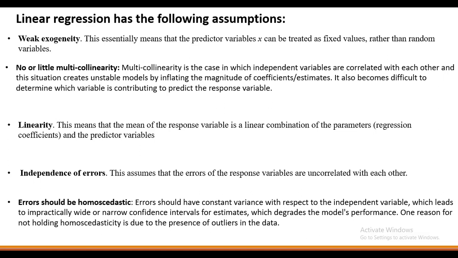Errors should be almost stochastic. Errors should have constant variance with respect to the independent variable, otherwise it leads to practically wide or narrow confidence intervals for estimates, which degrades the model's performance. One reason for not holding almost stochasticity is due to the presence of outliers in the data.